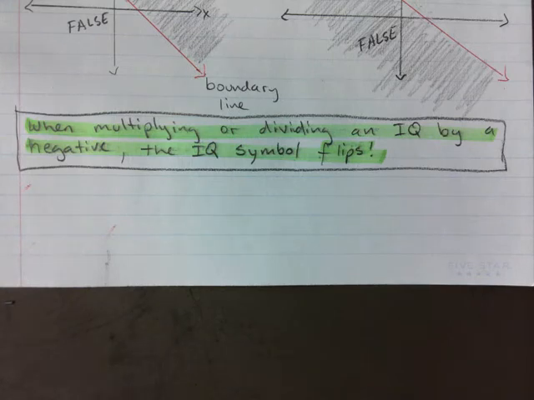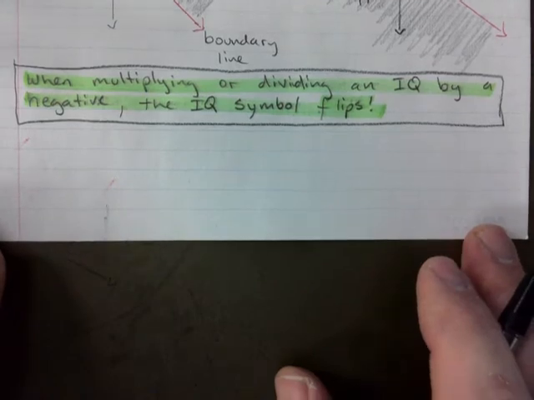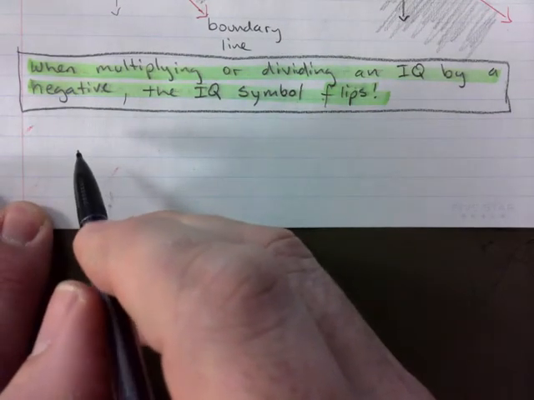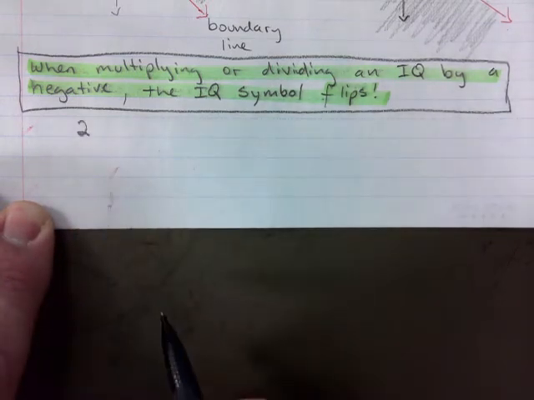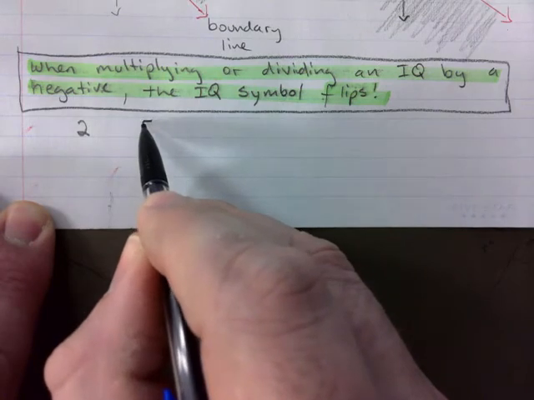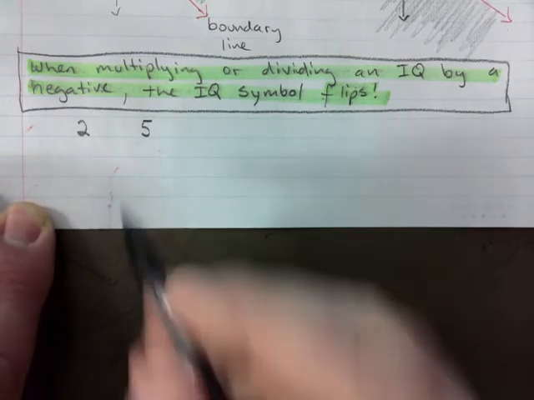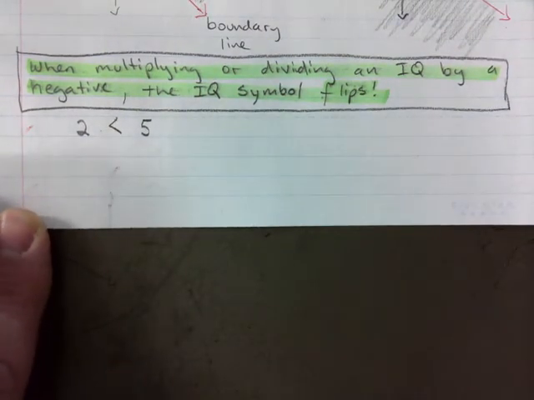And this is what I mean by that. Let's say a very basic example so you can wrap your head around this. Let's say you have 2 and you have 5. Which one of those two is the greater number? And you would all have to agree it's 5, right? So in this case, the inequality symbol would be like that.